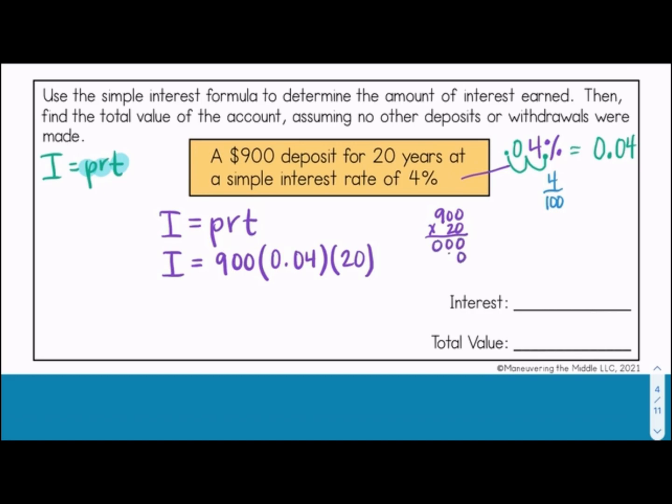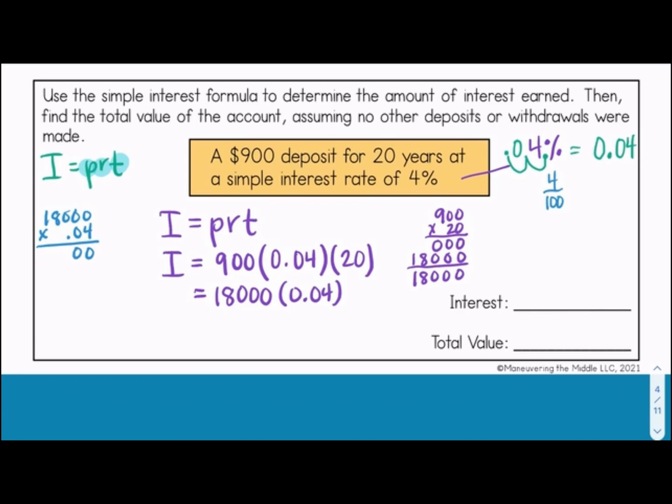Use my placeholder. 2 times 9 is 18, so we'd get 18,000. Then we would want to multiply that times 4 hundredths, and remember that we can do that because this is multiplication. So I multiply 18,000 times 4 hundredths.